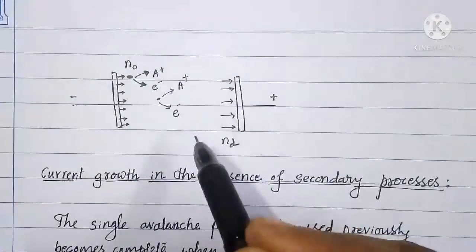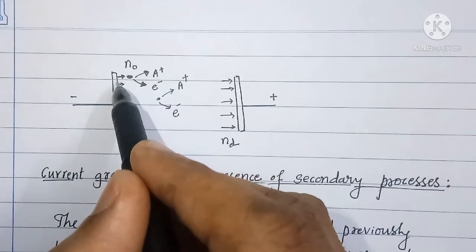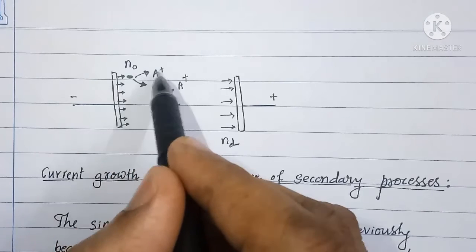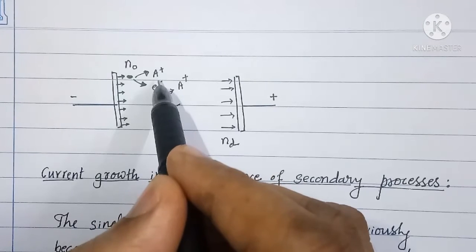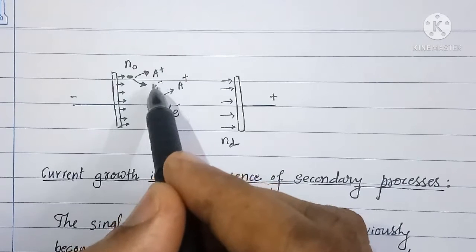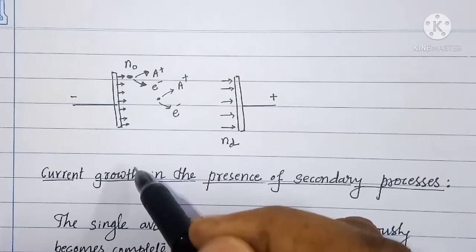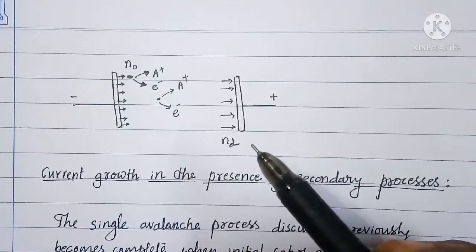Referring to the figure here, these positive ions being attracted by the cathode, when they impinge on the cathode, they will also liberate some electrons because they have got sufficient energy in them, right? And the electrons so liberated will be creating further avalanches of electrons in the gap.